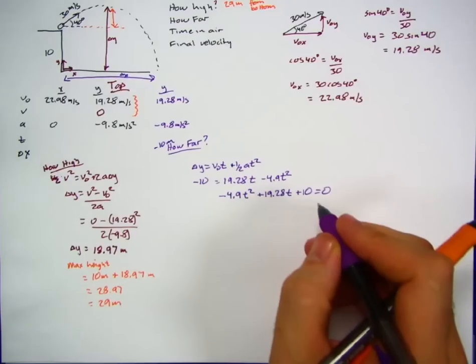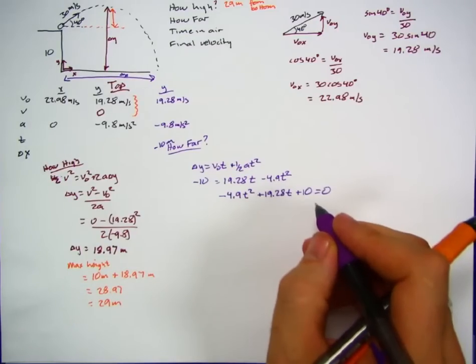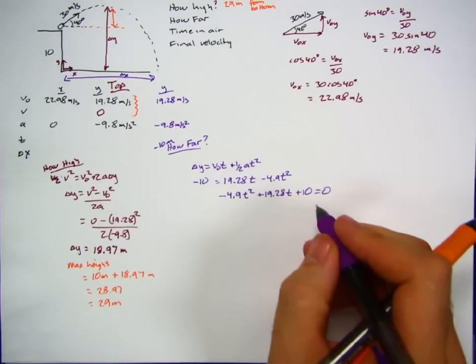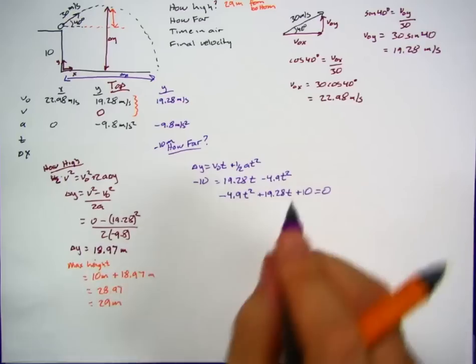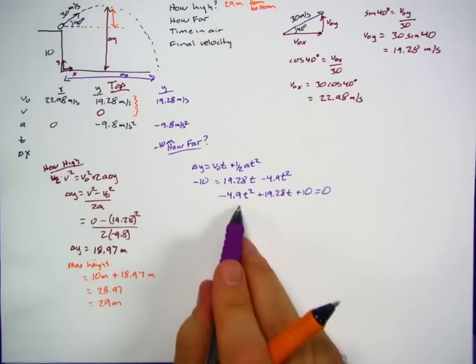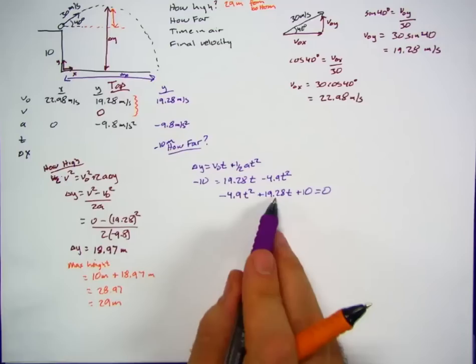And I'm going to guess that I don't even have it in this calculator that I have. Oh, maybe I do. Let's look. I do. That's beautiful. So I'm going to just plug in my quadratic equation. My A term is negative 4.9. My B term is 19.28.